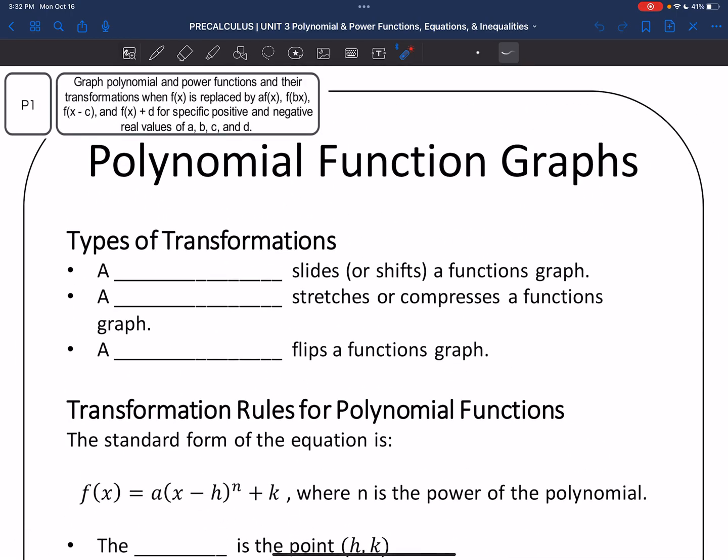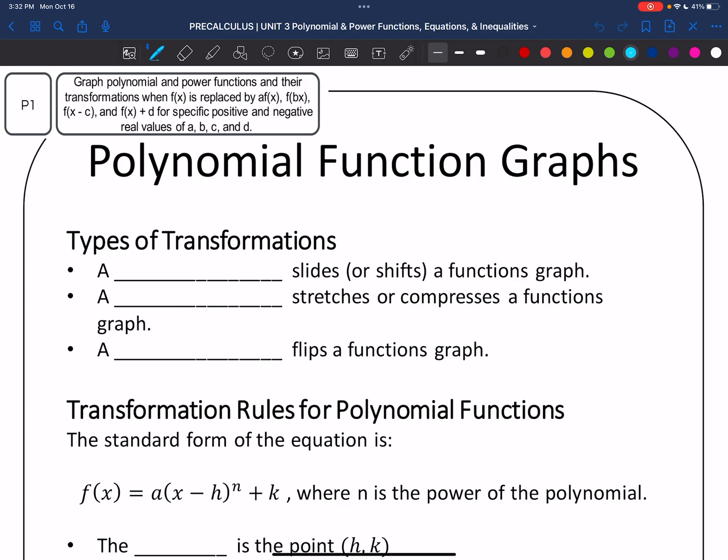Polynomial function graphs can be transformed. Remember, we have all of our parent functions. We studied those in our first unit. But from those parent functions, you can see in their family graphs that look like the parent but are a little bit different due to these types of transformations.